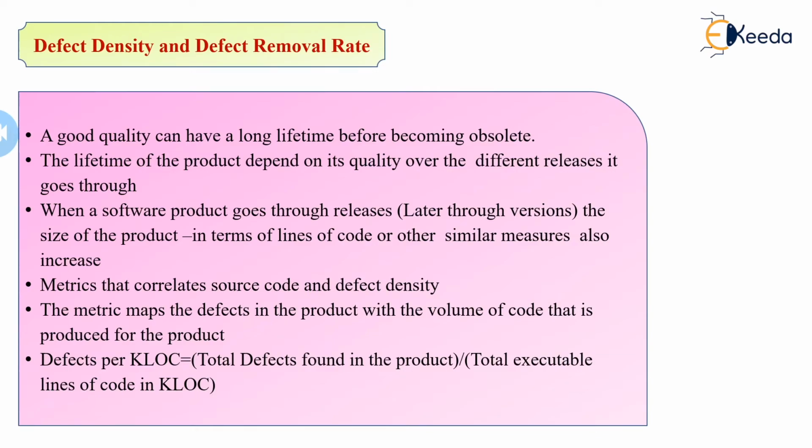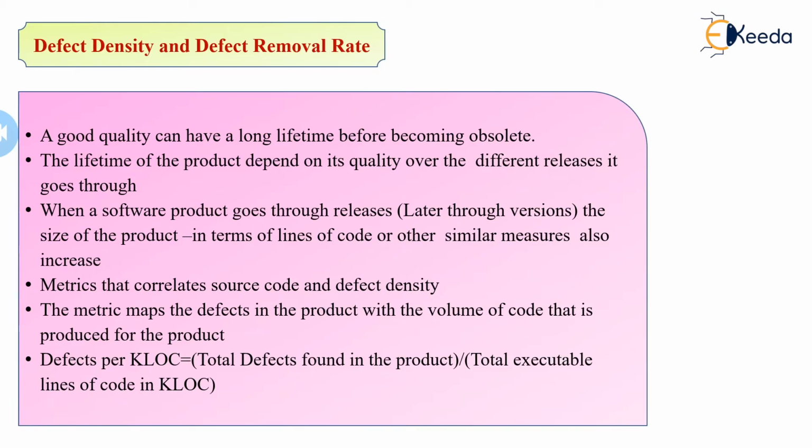So it is not appropriate to just compare the number of defects across releases. A software product goes through releases and its size increases. The metric that correlates the source code and the defects is defect density. This metric maps the defects in the product with the volume of code.